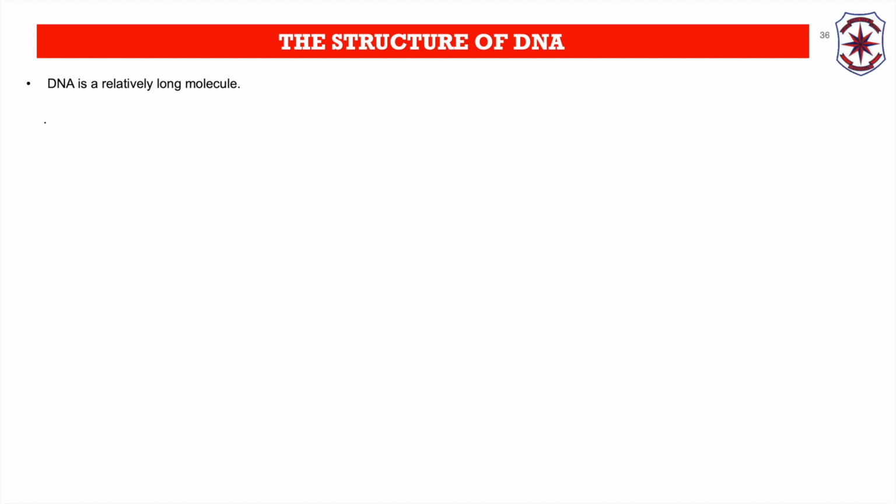So DNA being a long and large molecule, it needs to have its own form of big bricks, its own form of building blocks. DNA does not come as a large molecule. It is built to become as large as it is, just like in the case of a house. So, the building blocks of DNA.